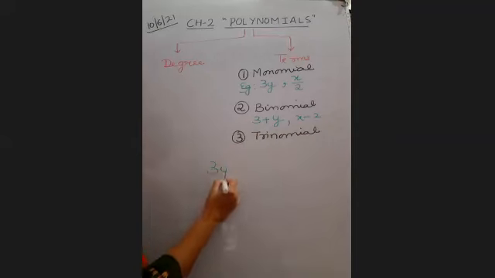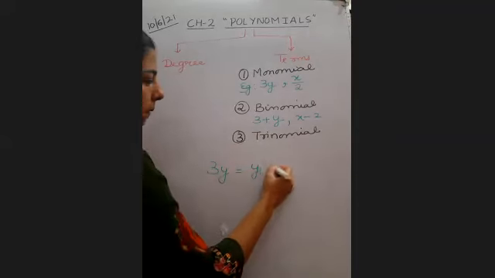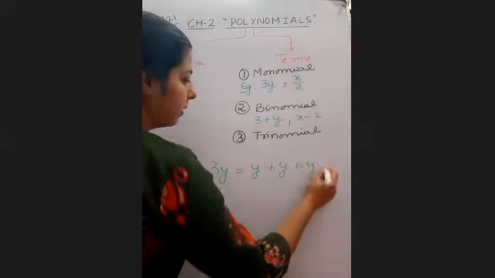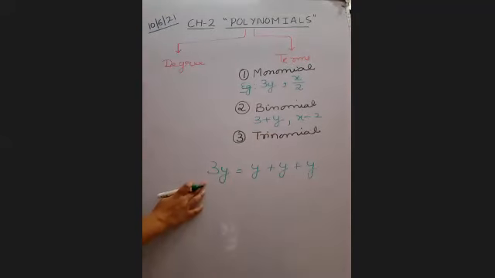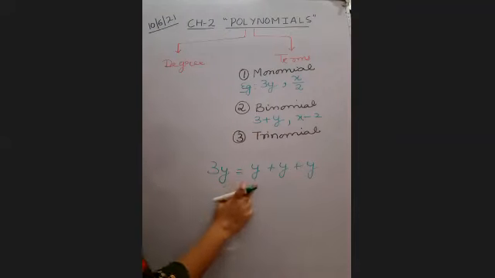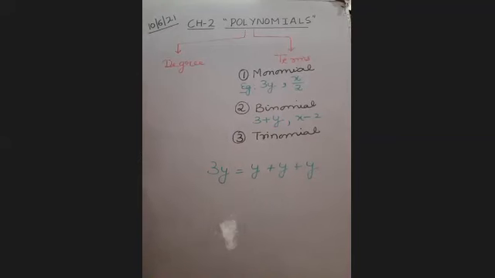So 3y means y plus y plus y. Please understand, it's an important point. If I write 3y as y plus y plus y, will you call it a trinomial or will you call it a monomial?